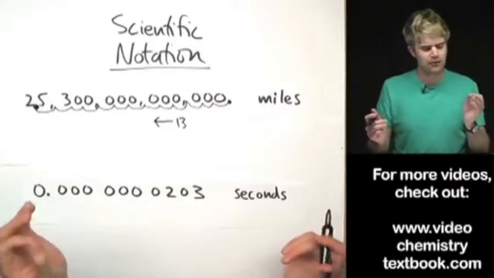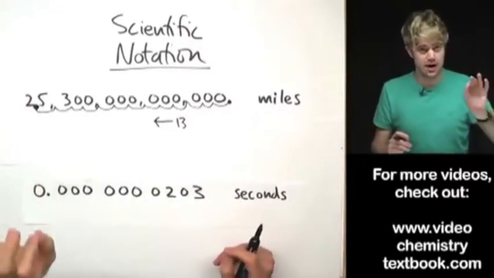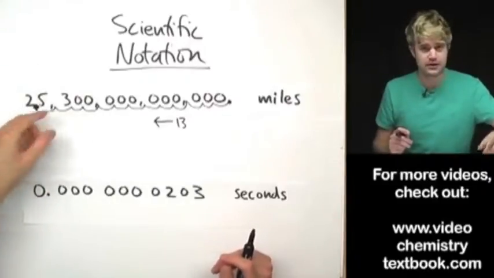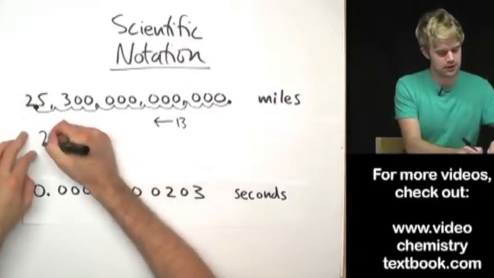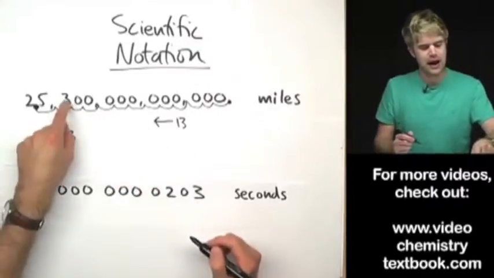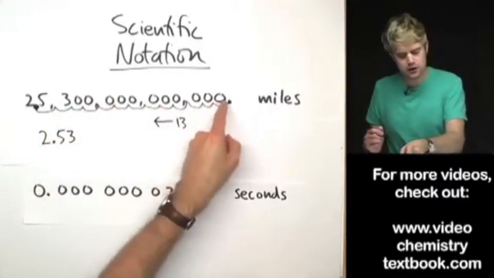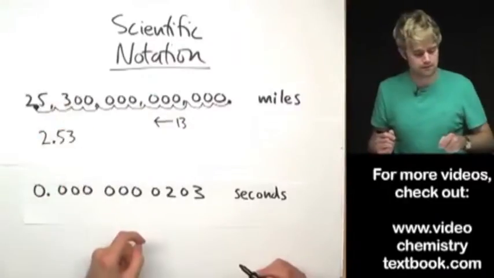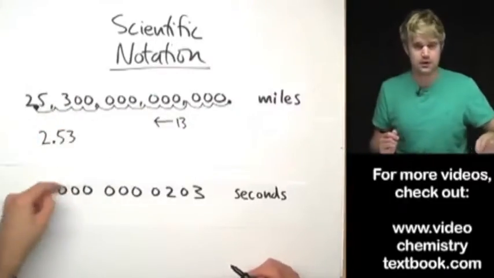After I do that, I write the number with the decimal place in the new position. So it's going to be 2.53, and then I get rid of all of the zeros after this 3 here. So this is the first part of the number.